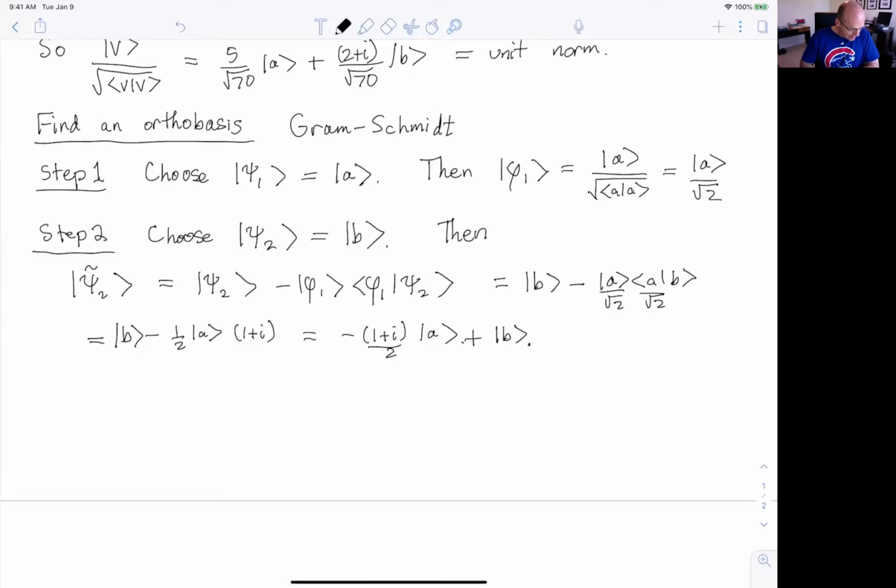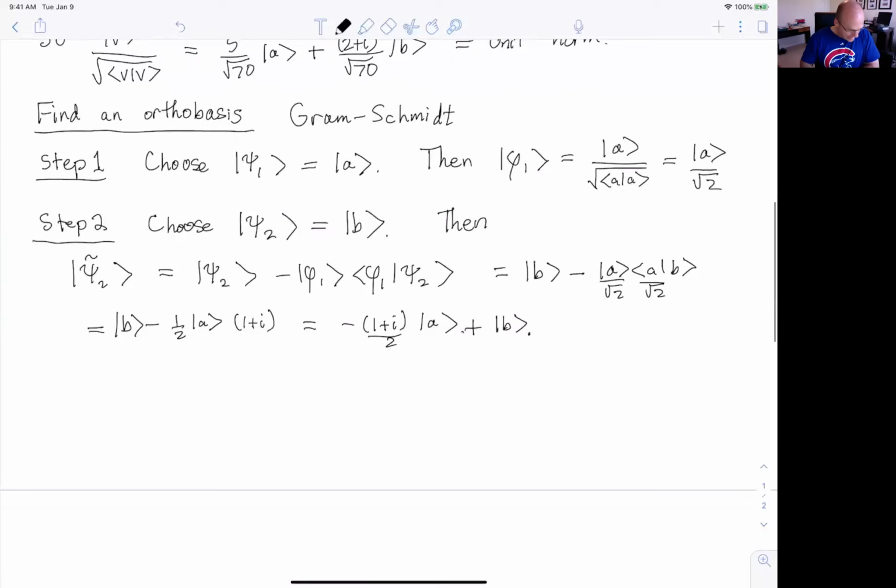Okay, so as a reminder, the final thing you have to do in each step is to make sure that your orthobasis vector indeed is norm 1. And so we need to define phi2 to be psi tilde 2 divided by its norm.